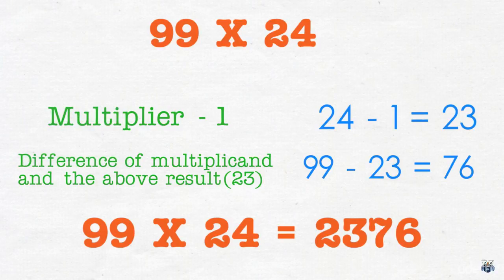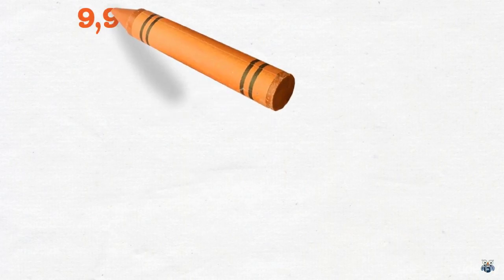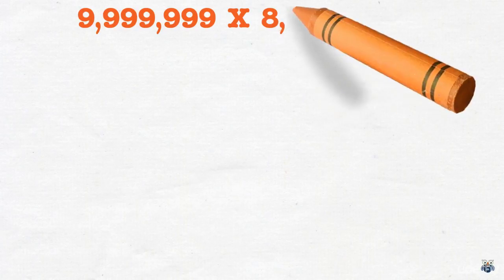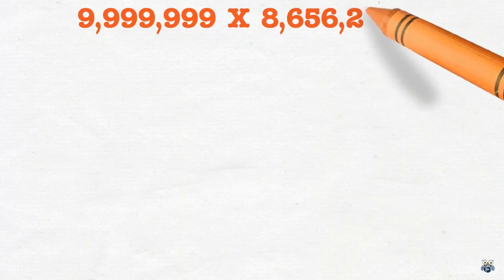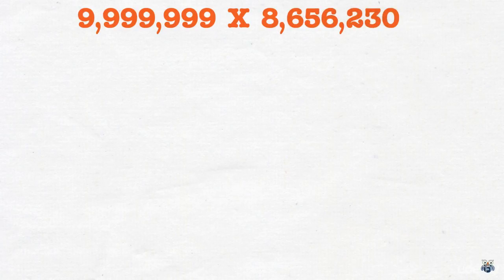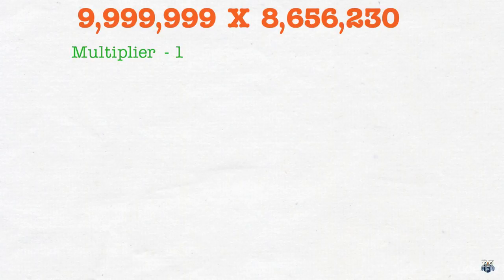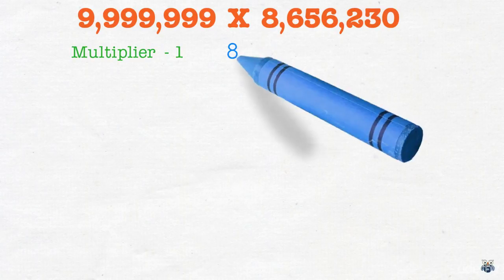With this newly gained confidence, let's tackle a much bigger problem. What is 9,999,999 times 8,656,230? So as before, for the first part of the result, we reduce the multiplier by 1.